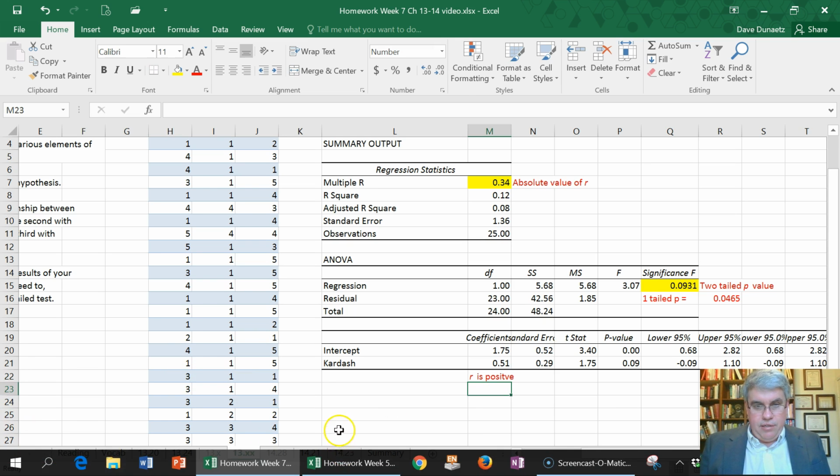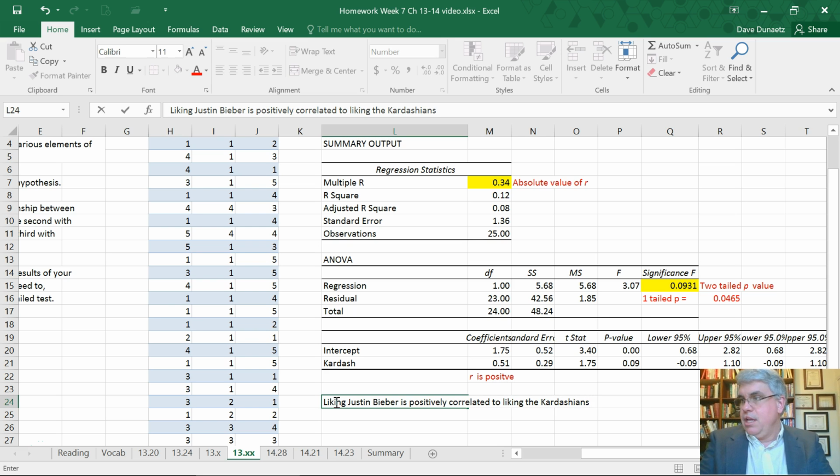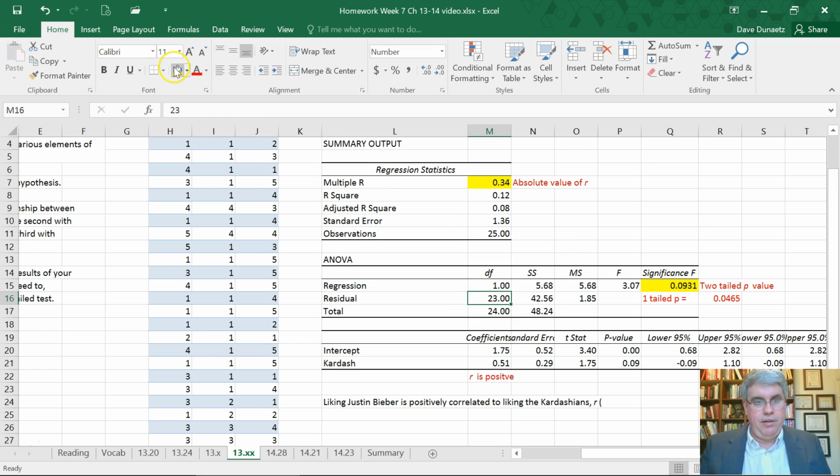We can conclude that liking Justin Bieber is positively correlated to liking the Kardashians. And we've got Control R, and then we put in the degrees of freedom. So this is the degrees of freedom up here.